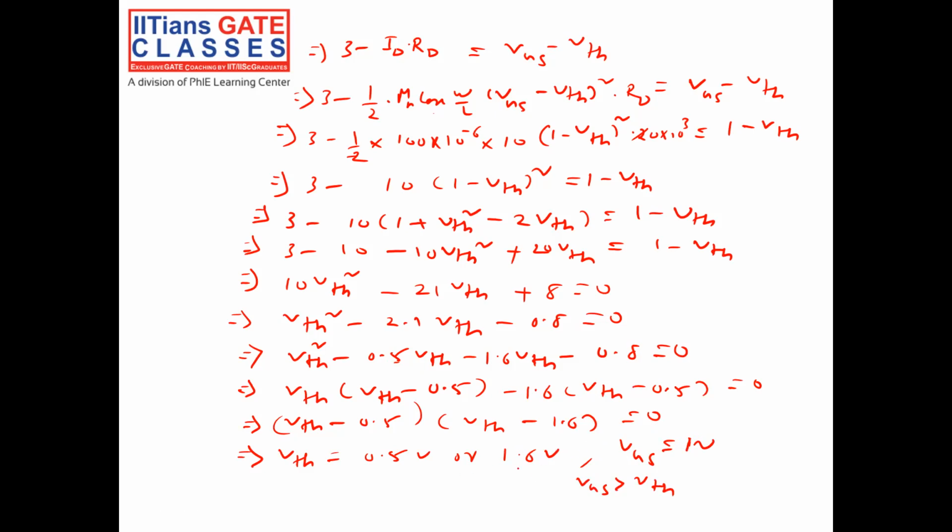So if I take 1.6 volt, this equation will not hold and the transistor will not turn on. Okay, so 0.5 volt is the answer, because if I take 0.5 volt, in that case VGS, which is nothing but 1 volt, is greater than 0.5 volt. So the answer is 0.5 volt.